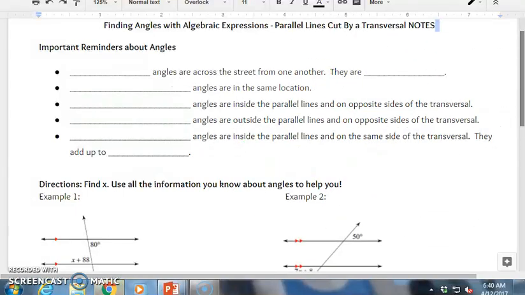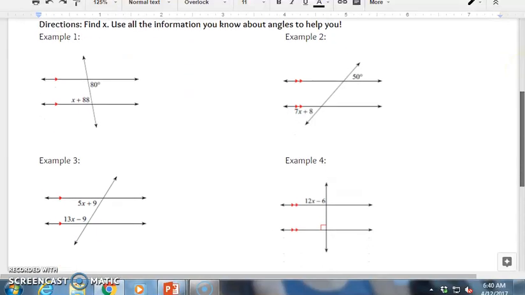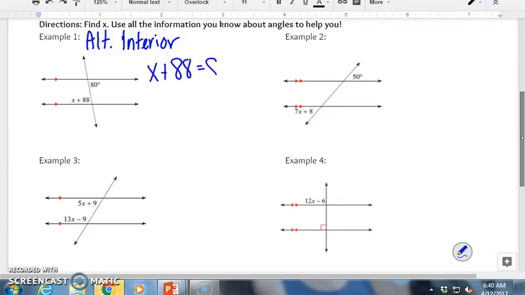All right, so let's go through a few examples. So first thing you're going to want to do is decide what types of angles they are. So for this first one, that 80 degrees and that x plus 88, those are going to be alternate interior. And we know that alternate interior angles equal each other. So if we take x plus 88 and we set it equal to 80, we have to solve for x, so we subtract 88.